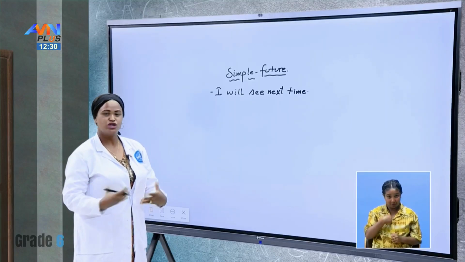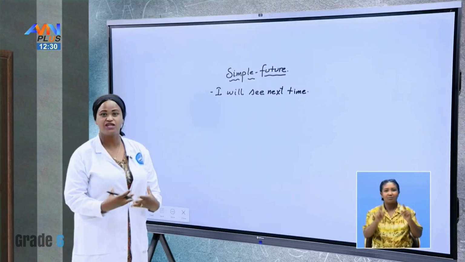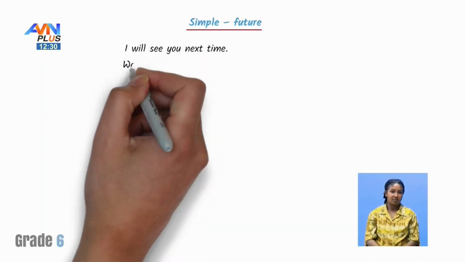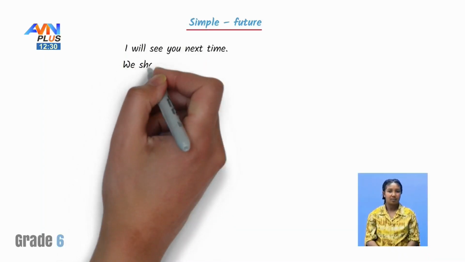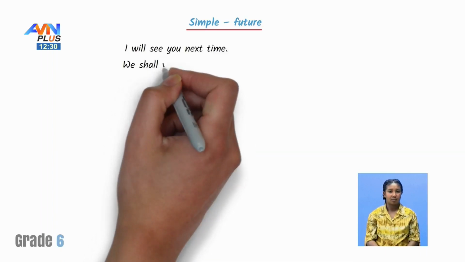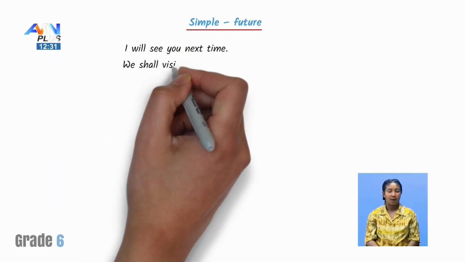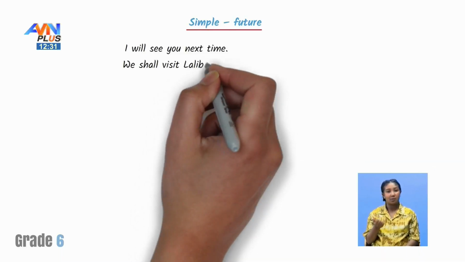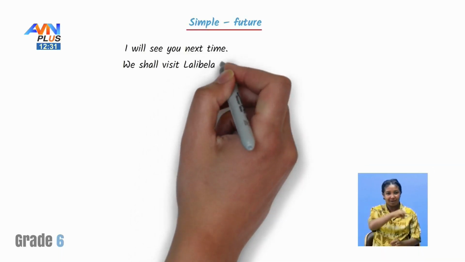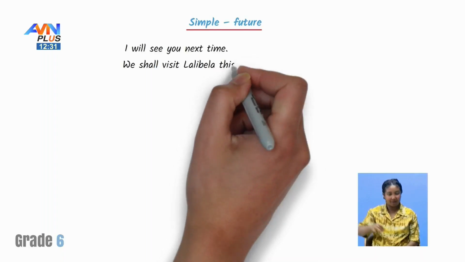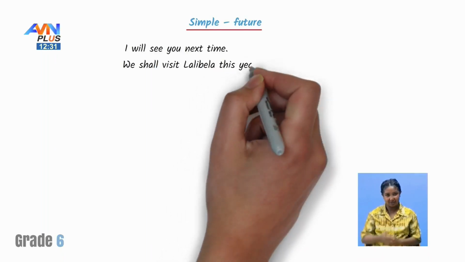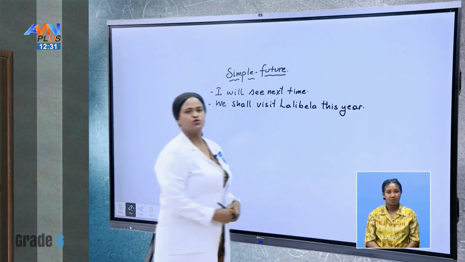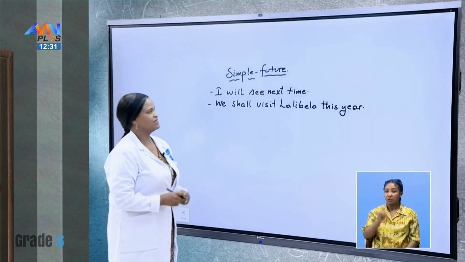So, we should visit our heritage, our cultural places, right? Let's pick up one. We shall visit, let's say, we shall visit Lalibela this year. We shall visit Lalibela this year.